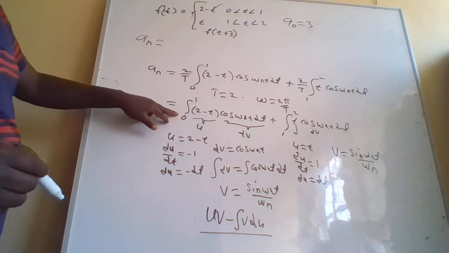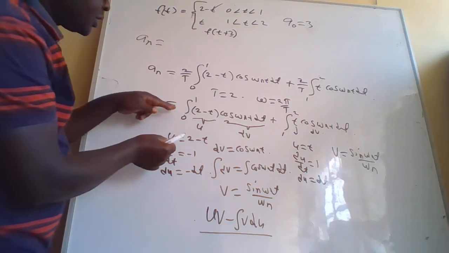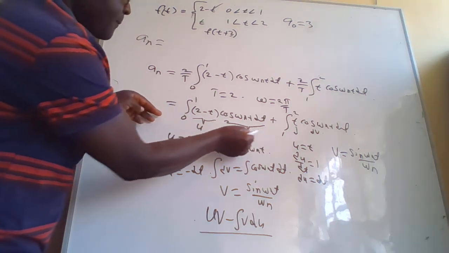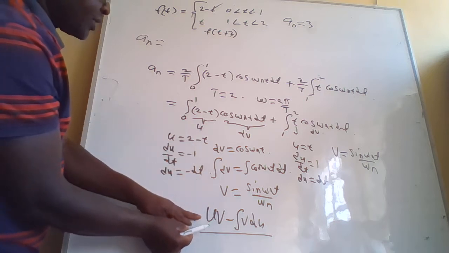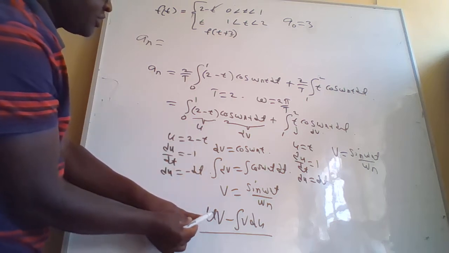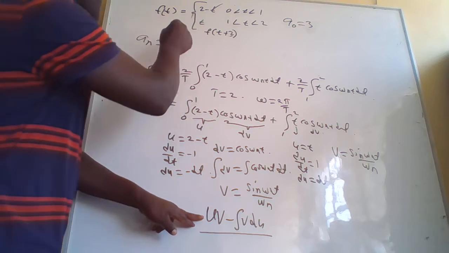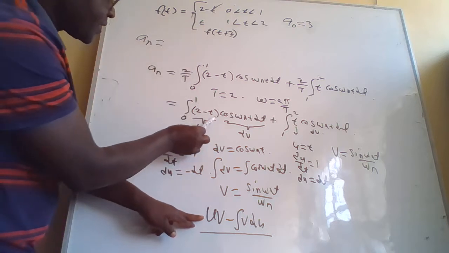Now our a_n will be equal to, now we start from here. We are now substituting uv. So what is our u at this section?